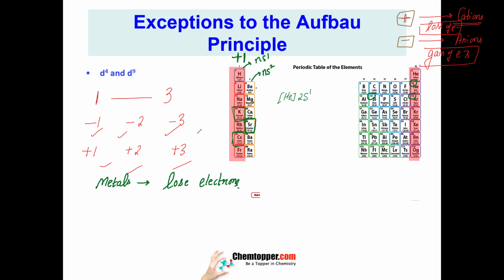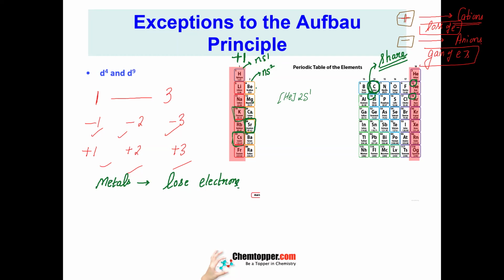You cannot gain 4 electrons. You cannot lose 4 electrons. So it will prefer sharing. It's very difficult to lose or gain such a large number of electrons. That's why carbon is very unique. Carbon is most of the time sharing electrons.